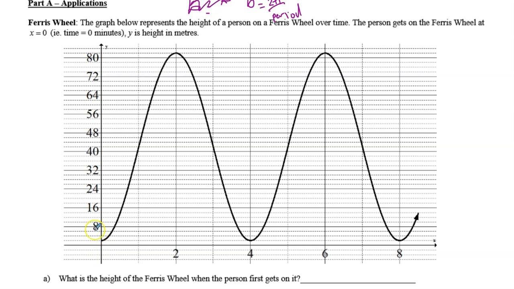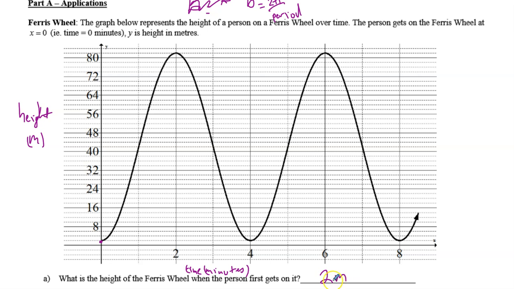So we need to figure out what this scale is. 2, 4, 6, 8. So each of these ticks is 2. This is height in meters, and this is time in minutes. So when a person first gets on, they're getting on at a height of 2 meters.